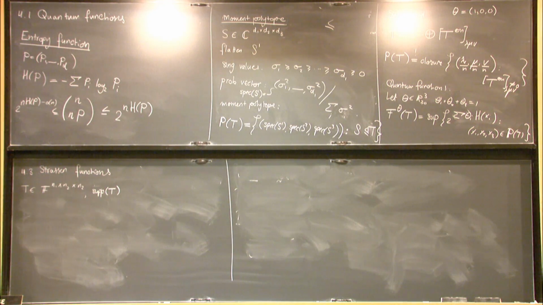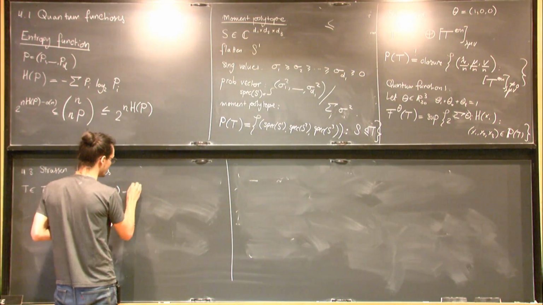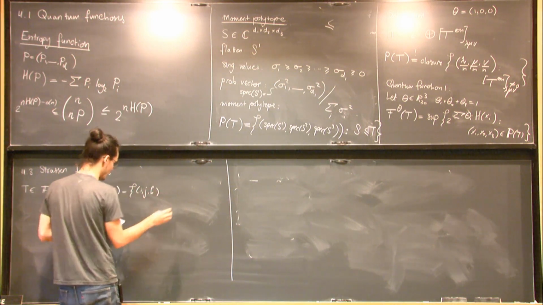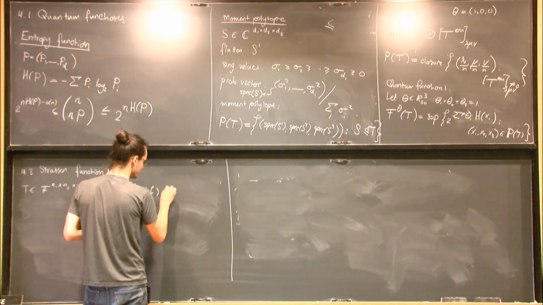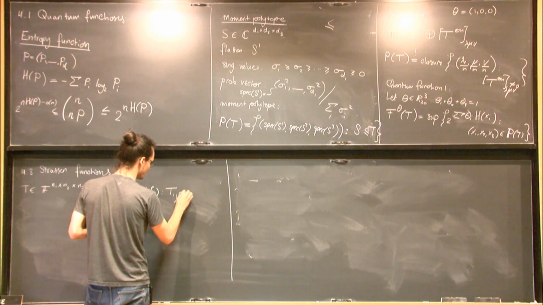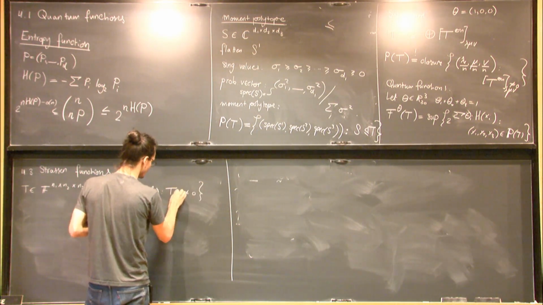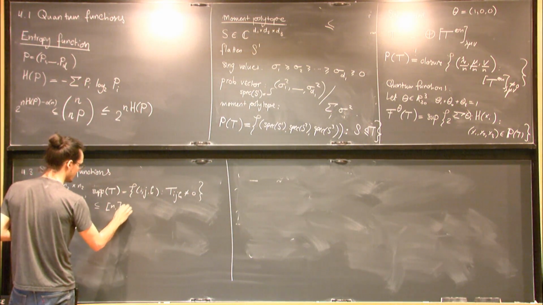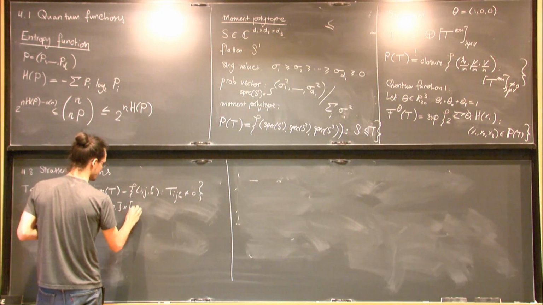So the support is just a set of triples of indices ijk where this tensor is non-zero. All right, so this is a subset of triples. It lies in this product set.